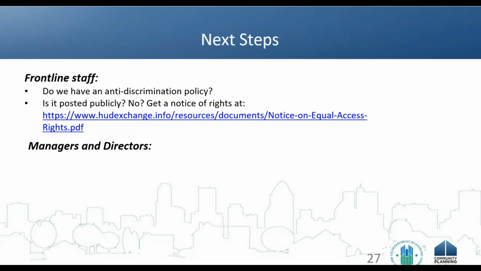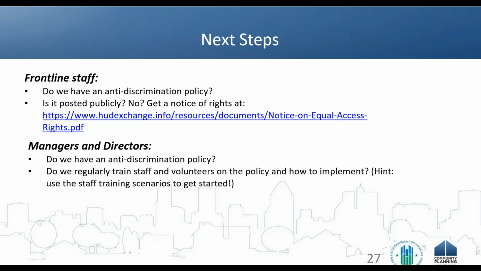Similarly, if you're a site director or a site manager, knowing if you have an anti-discrimination policy, how is that conveyed to staff and volunteers? Sometimes folks say, well, we have volunteers and I'm not really comfortable talking about this, or can we really hold them to the same standard? And the answer is yes.